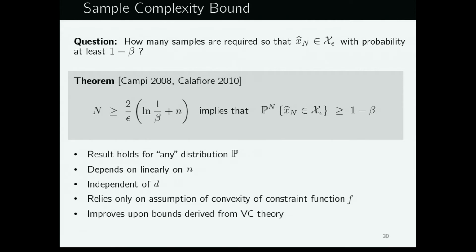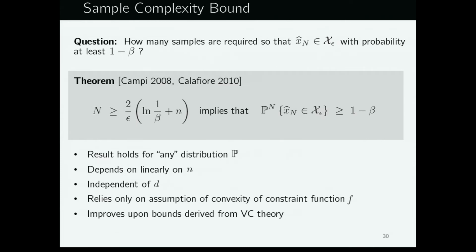It depends linearly on the underlying dimension of your decision space here, n, as opposed to the VC dimension of the family to which f belongs. It's independent of D, the dimension of your uncertain variable. It only relies on the assumption of convexity of the constraint function f in x.